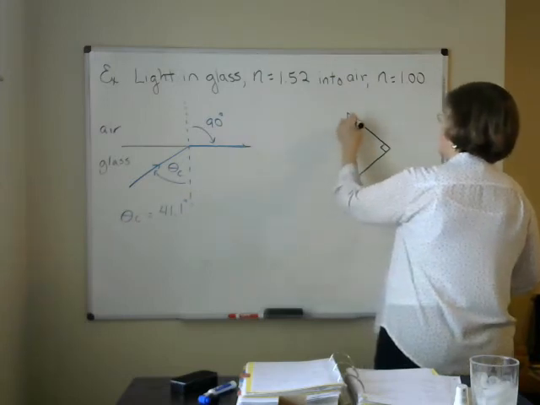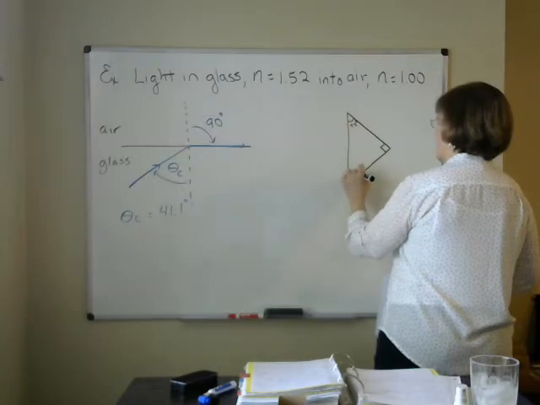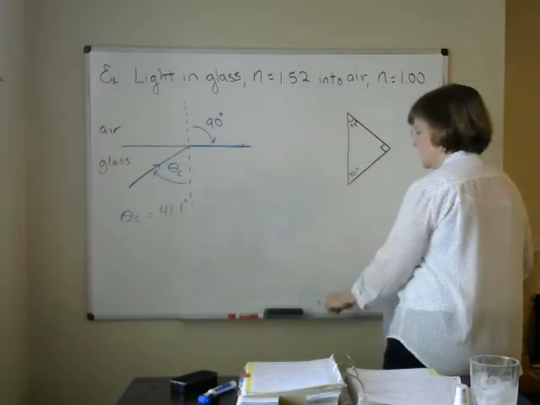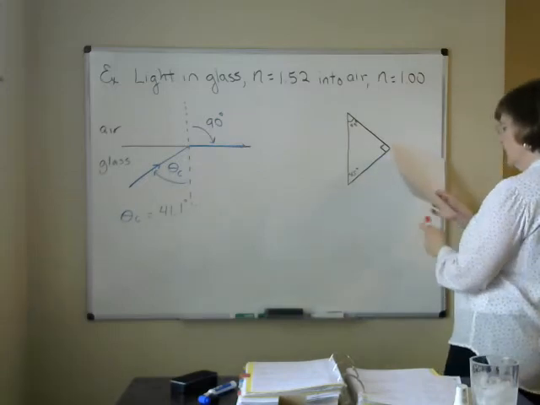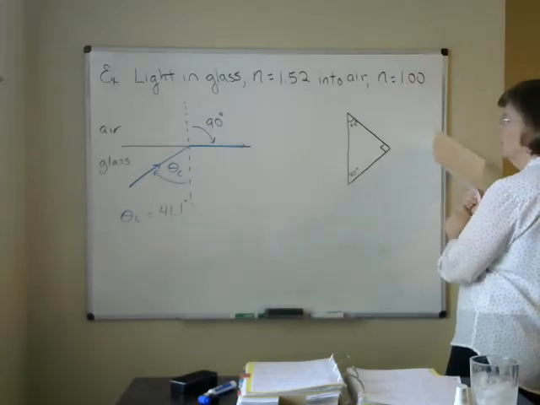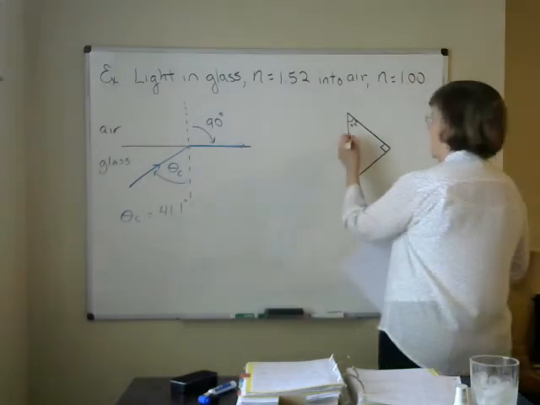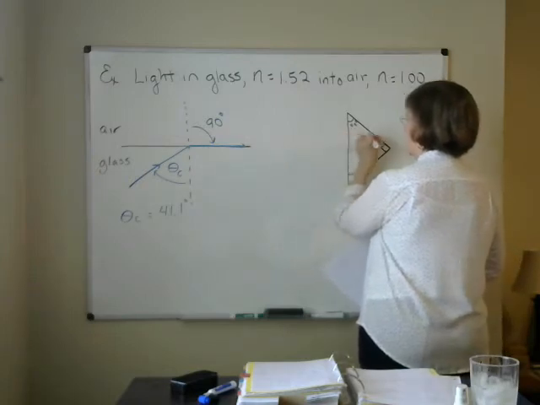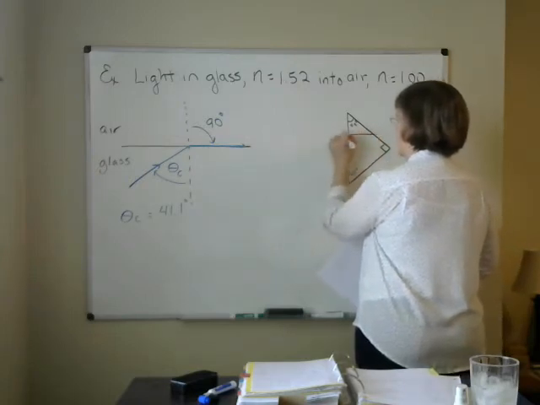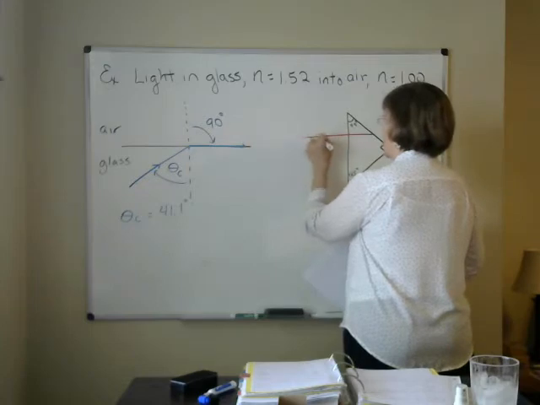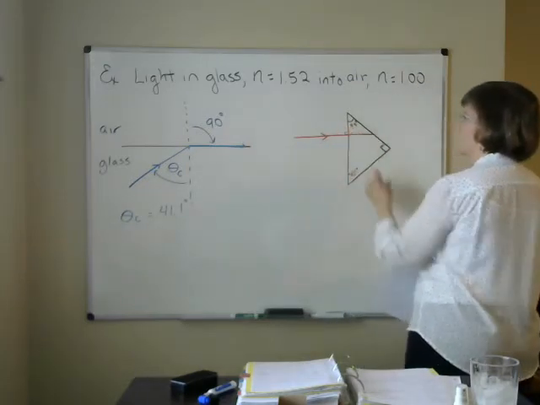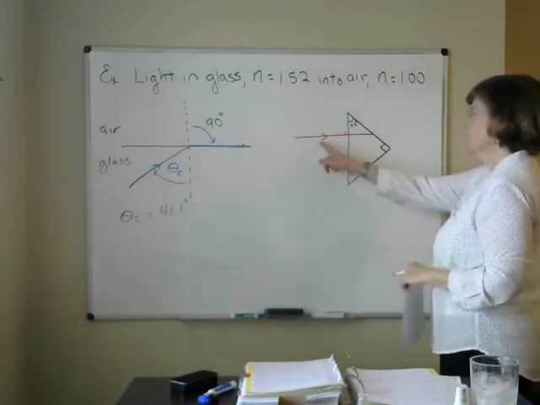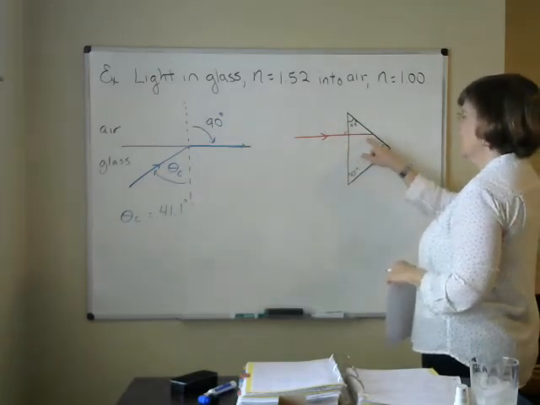And these are both 45 degrees. It's a pretty typical kind of prism. And I take a laser and I shine the laser directly at the prism. Well, if this is 90 degrees, 100% of that beam will most likely enter right here.